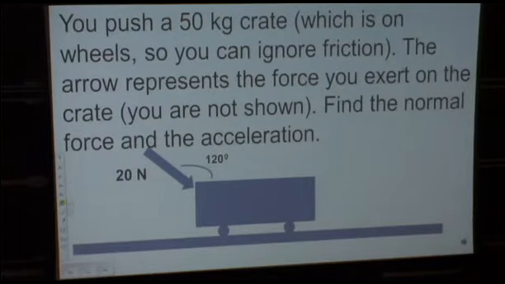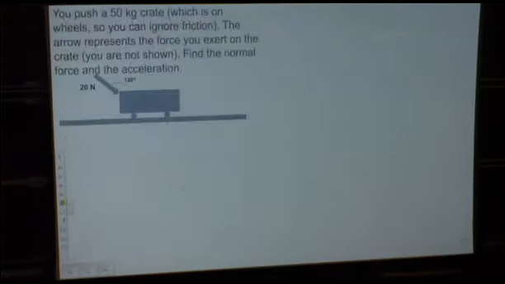Whenever we have a force which has a certain angle relative to some natural directions, we replace that force using its components. So this arrow, which is 20 newtons long, all right, so let me see.